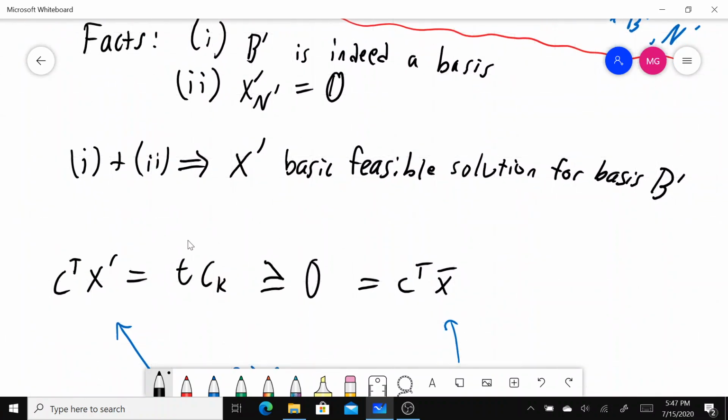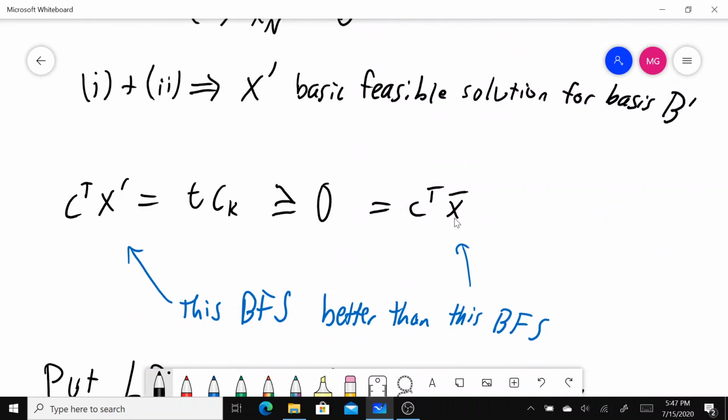And then finally, now that we have a new basic feasible solution, x prime, it's better than the old basic feasible solution, x bar, because c transpose times x prime is equal to, all the components vanish because either the c's or the x's are zeros, except for t times ck, as we've said before, and that's non-negative. T is non-negative, ck is positive. So this is at least 0, and 0 is exactly what c transpose times x bar was.